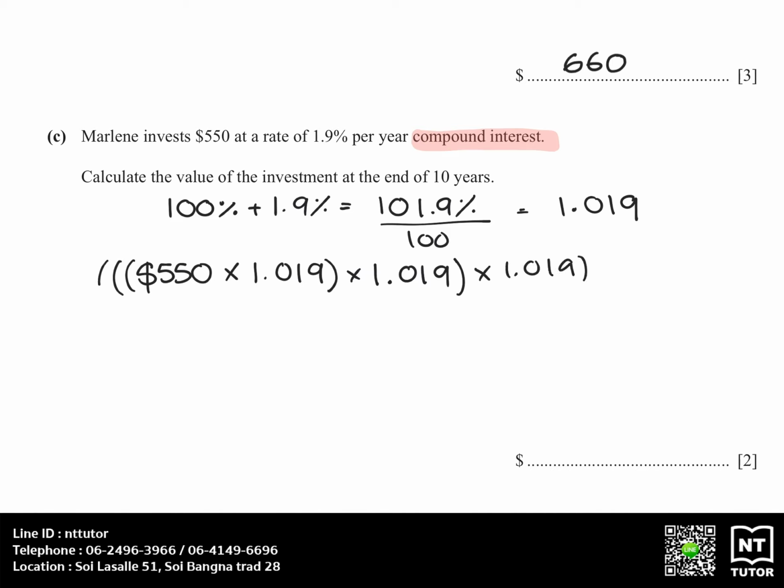And after the fourth year and fifth year, we're doing the same. This means that it's actually the same as multiplying by 1.019 to the power of the number of years, because we're increasing it by 1.9% 10 times.